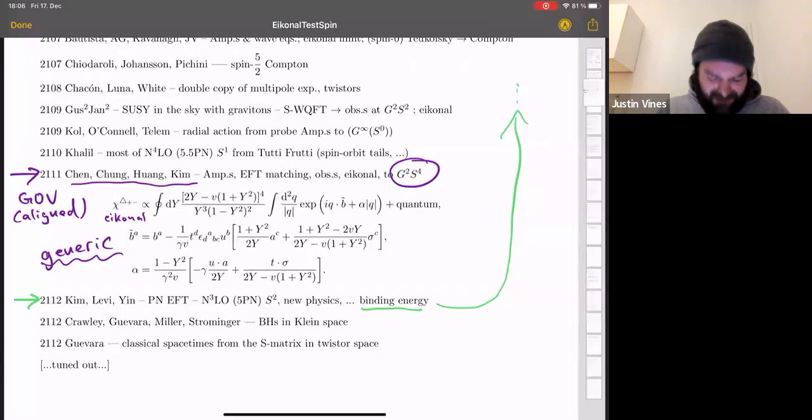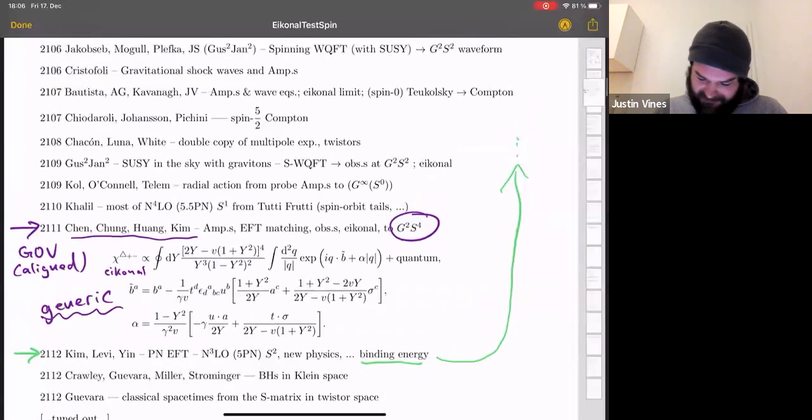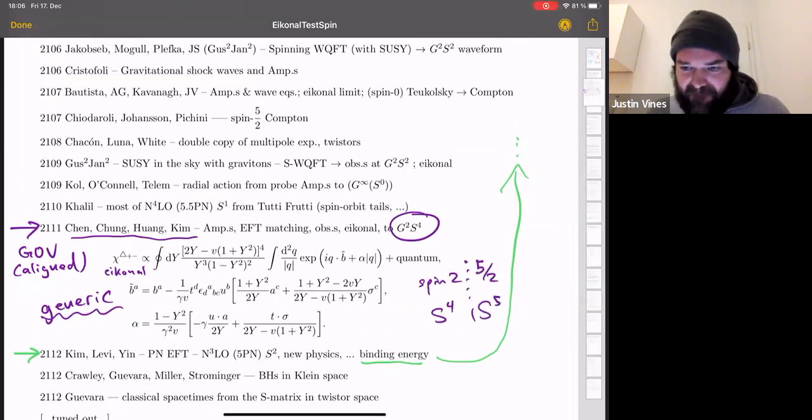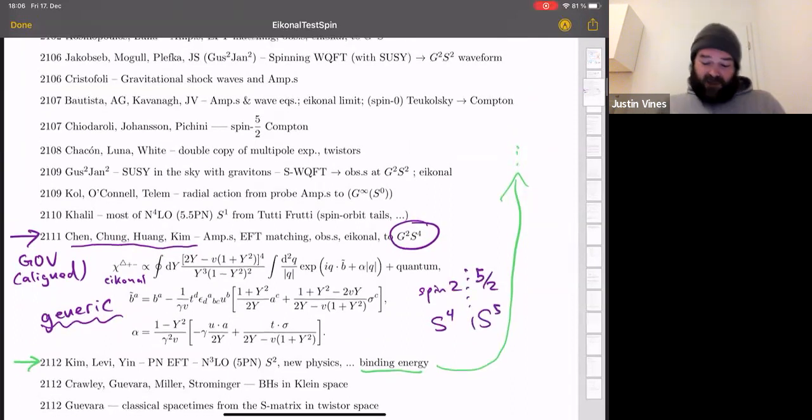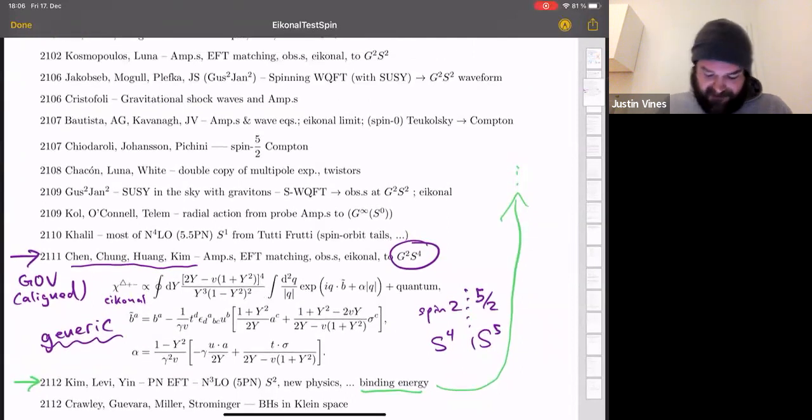And I think many people are also aware of the problem. So the boundary between spin 2 and spin 5 halves, or the boundary between 4th order and 5th order in spin, is a very interesting one for many reasons.